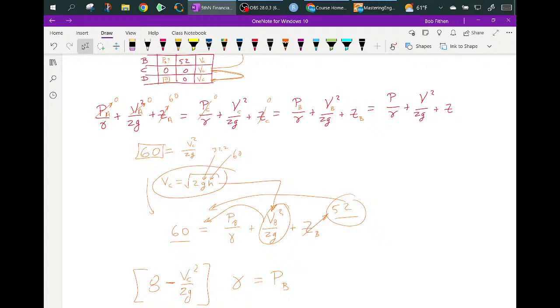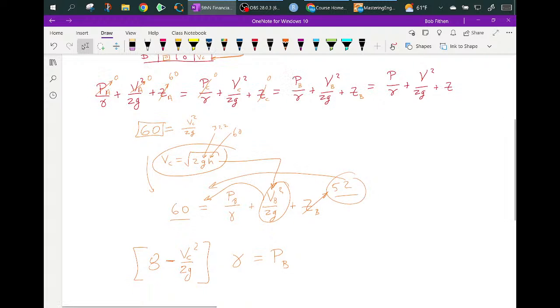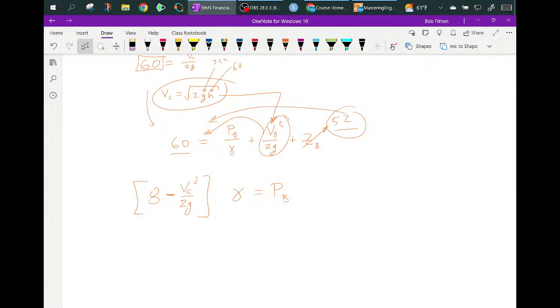It doesn't say it changed. So I do not see that the pipe changed in its diameter. So whatever the velocity is, you'd put it there, and you would basically subtract it from 8, and then multiply times your gamma, and that would be your pressure.